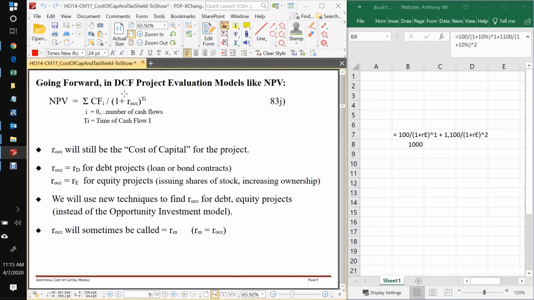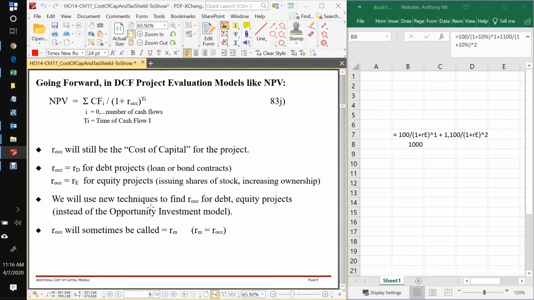So now going forward, in our DCF valuation models, and again, NPV is going to be our main one, we're going to adjust things a little bit. Our ROCC will still be the cost of capital for the project, and depending on whether it's a debt project or an equity project, our cost of capital will be RD for debt projects and RE for equity projects.